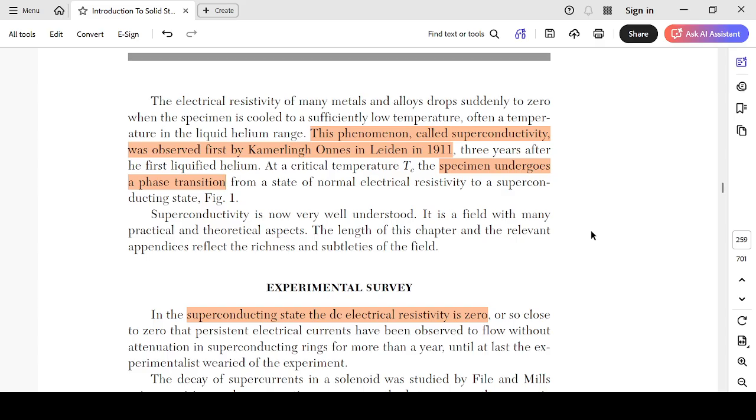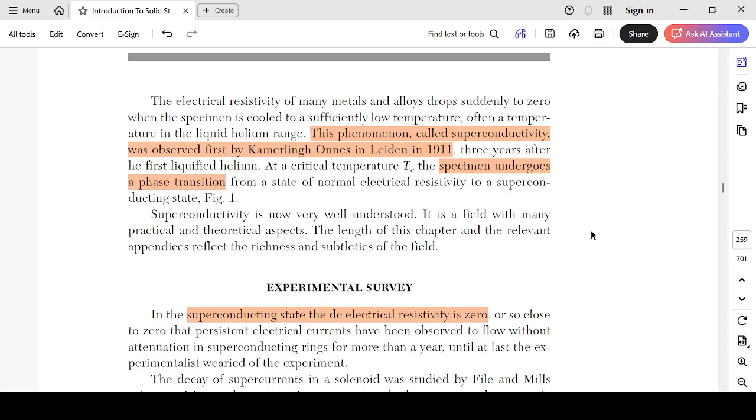But every phase change may be accompanied by certain changes, and the specimen or our system exhibits different characteristics on that phase change.